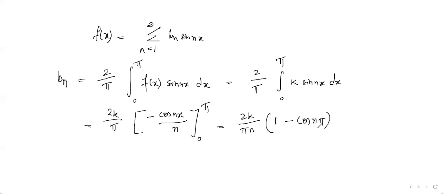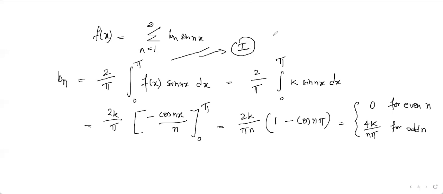Now for n even and for n odd, we get the result as 0 when n is even, and it is 4k by n pi for odd n. So we got bn. Let us now substitute this in equation 1.